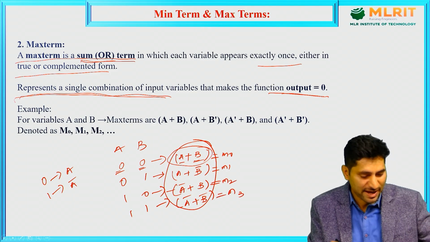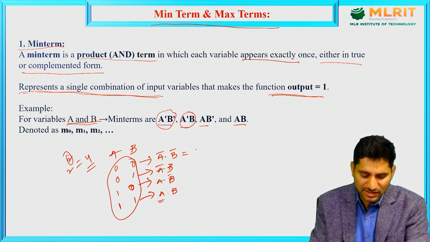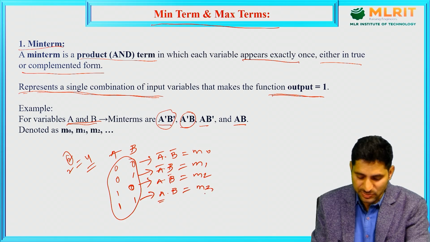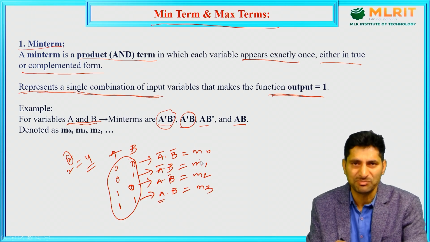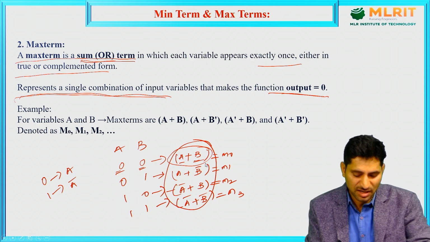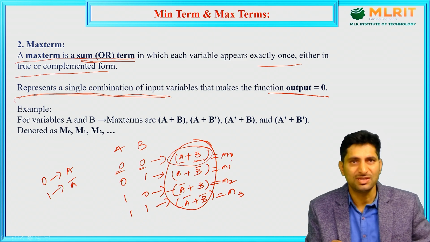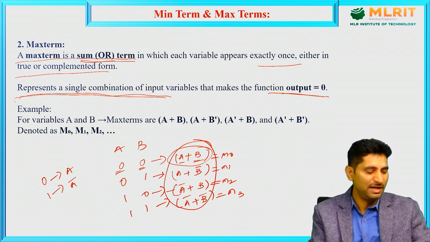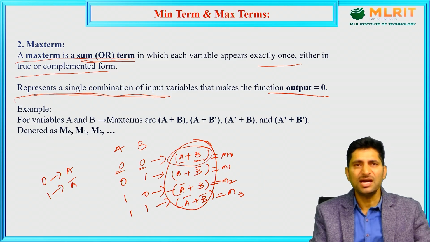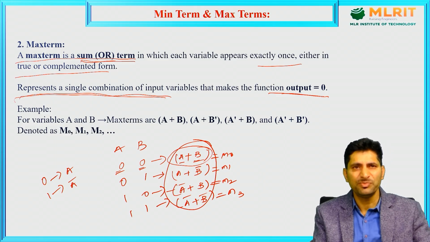In the previous case, for min terms, these are denoted by small m0, m1, m2, m3. But for max terms, we need to denote with capital M. So these are max terms and min terms, which are used in SOP and POS forms.